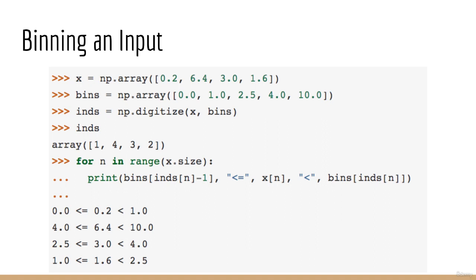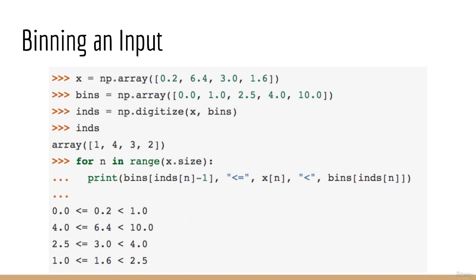They are 0, 1, 2.5, 4, and 10. When we pass in x, we get back the bins 1, 4, 3, and 2, corresponding to the bins for each of the values in x. This makes sense. 0.2 is between 0 and 1, therefore it goes into bin 1. 6.4 is between 4 and 10, therefore it goes into bin 4.